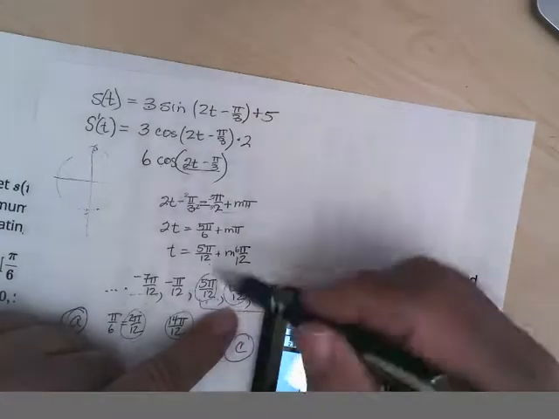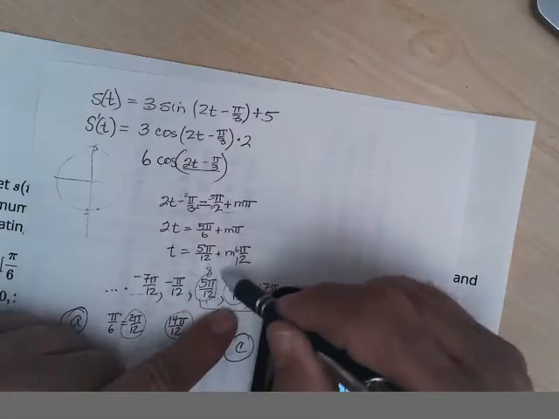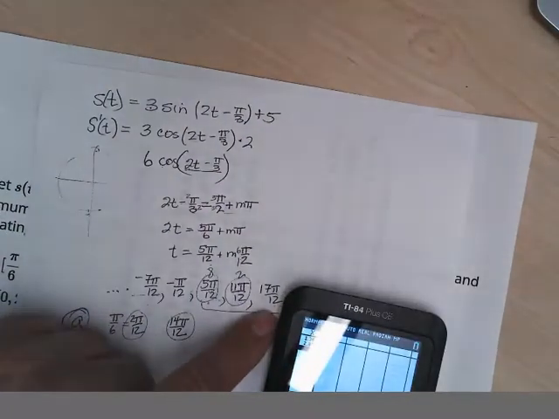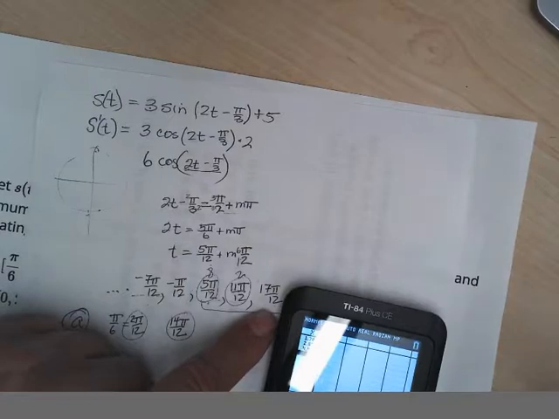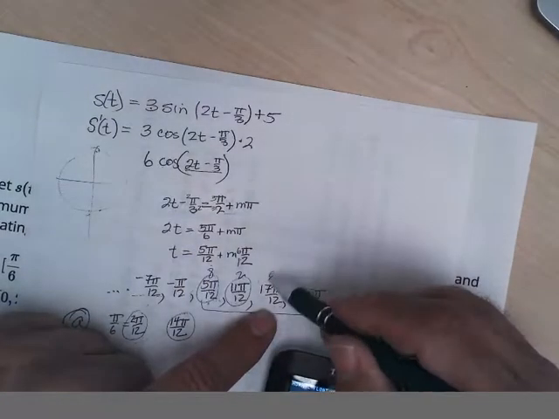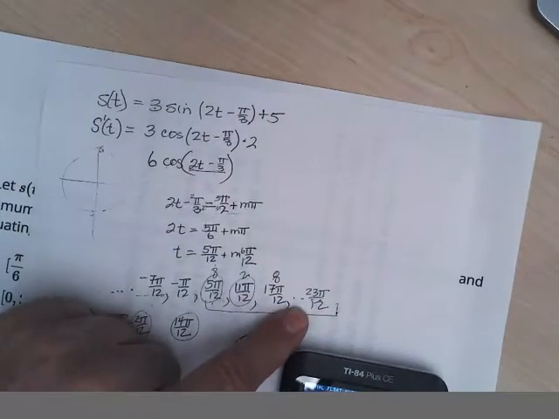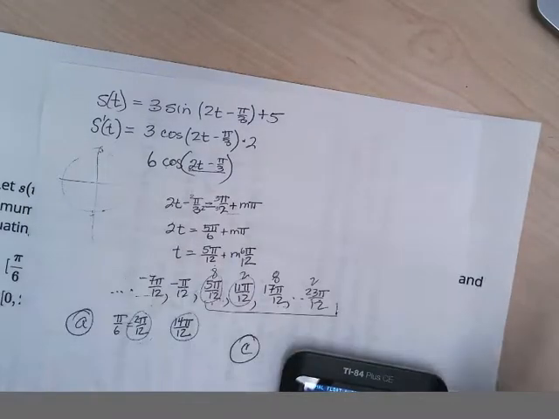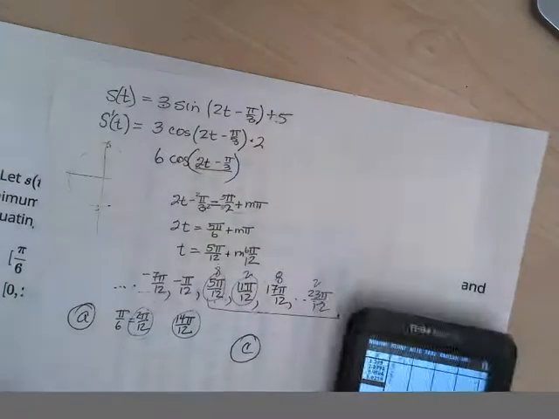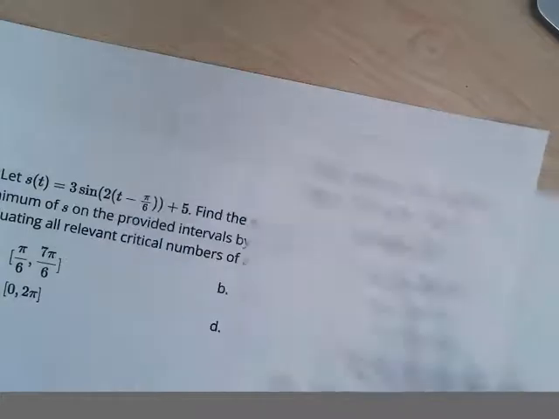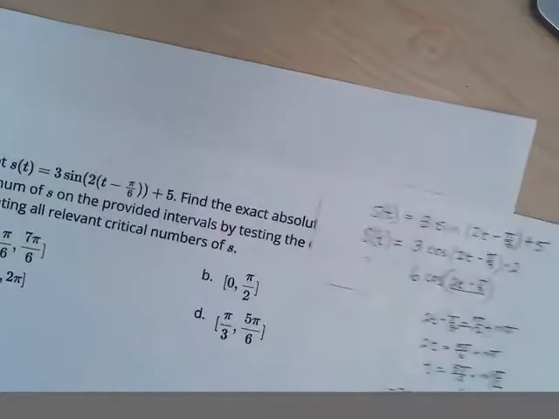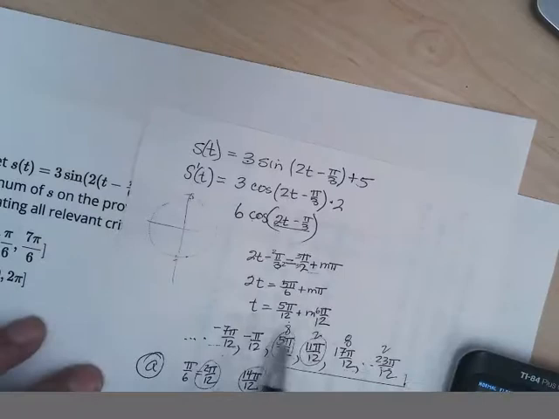So the height at this one is 8, this one it's 2, 17 pi divided by 12, and this one's 8 again, and probably this one's 2 again, 23 pi divided by 12, and it's 2 again. And then for C, I have to start plugging in some of these ends of intervals. So the critical ones are giving me 8s and 2s.